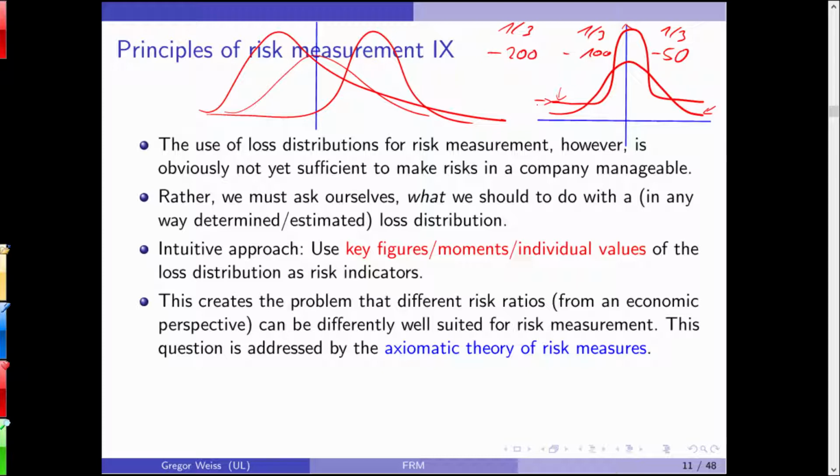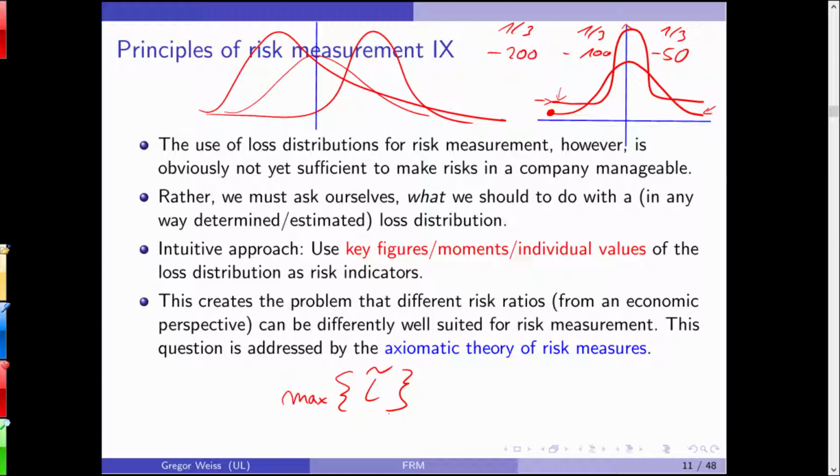Okay. Now we want to take moments and maybe even individual figures, numbers. We could, for example, just take this number and say the minimal profit and loss. In other words, the maximal loss. That's just our risk measure. We just take the loss distribution and take the maximal loss.